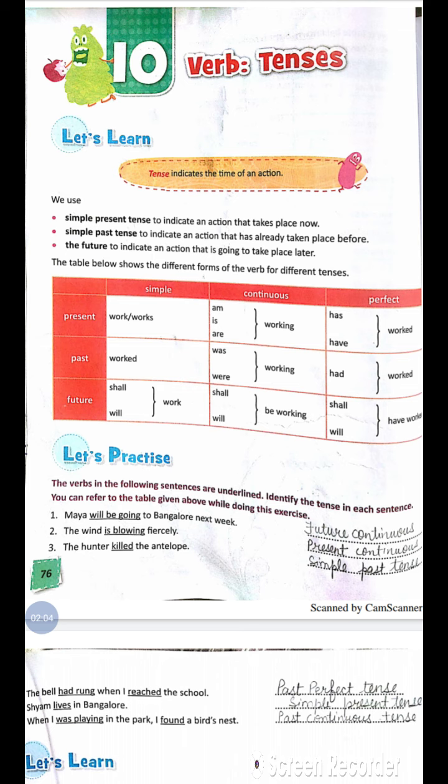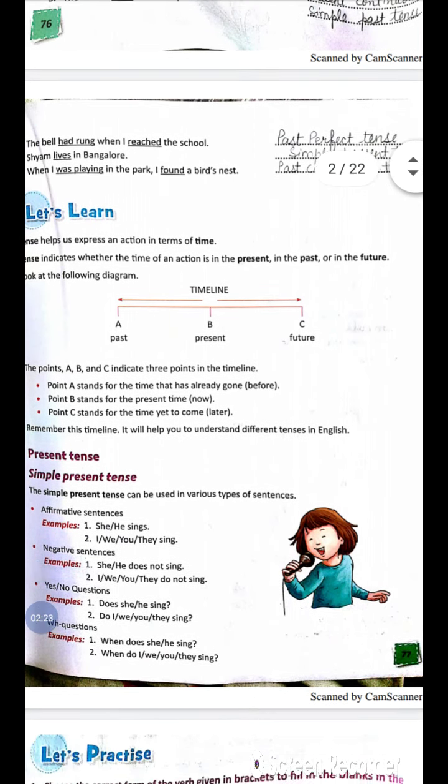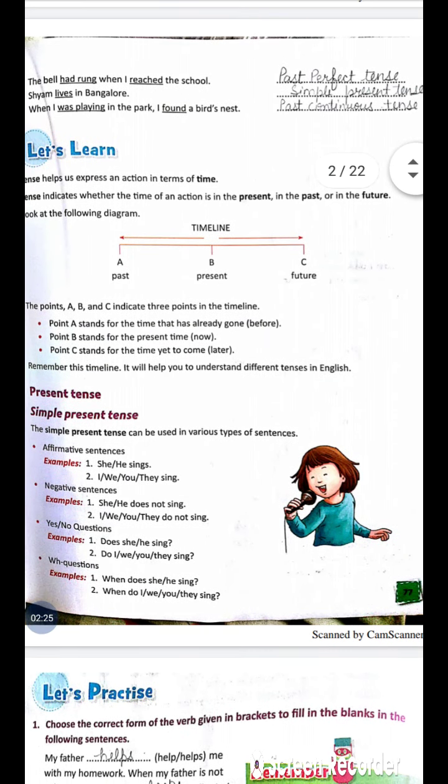The wind is blowing fiercely, is plus ing is used, so it is a present continuous tense. The hunter killed the antelope, the second form of verb is used, so it is a simple past tense. Next is the bell had rung when I reached the school. Had plus third form of the verb is used, so it is a past perfect tense.